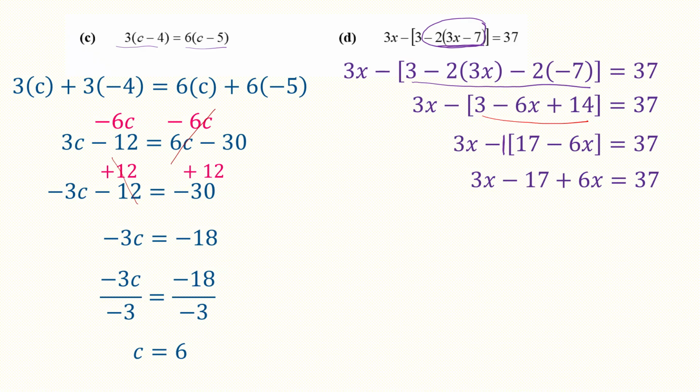This one here, I've skipped one step. That gives us 3x minus 17 plus 6x equals 37. 3x plus 6x gives us 9x, minus the 17. 9x minus 17 equals 37. So to find the zero pair, I need to add 17 to both sides.